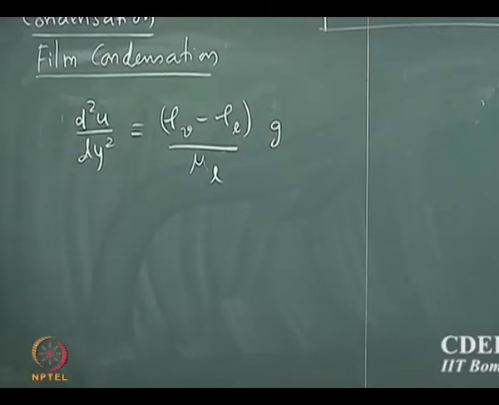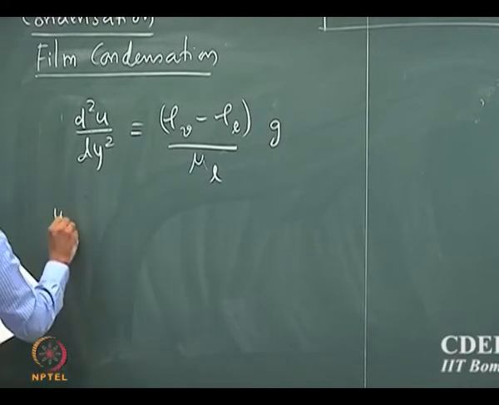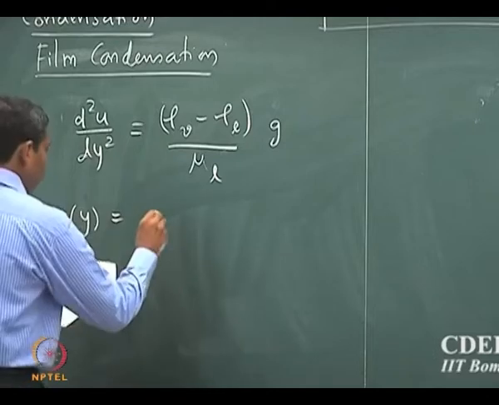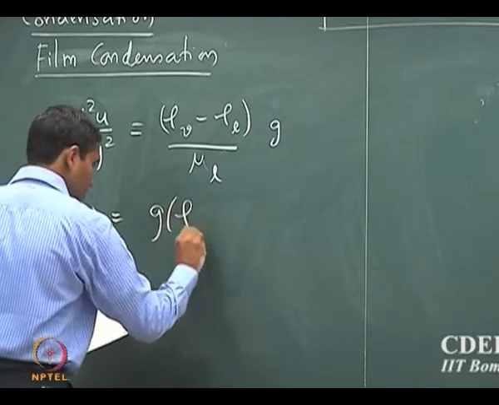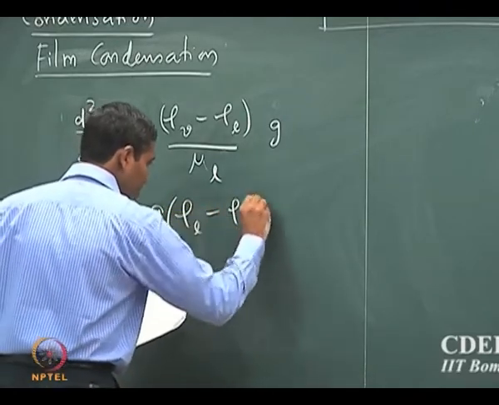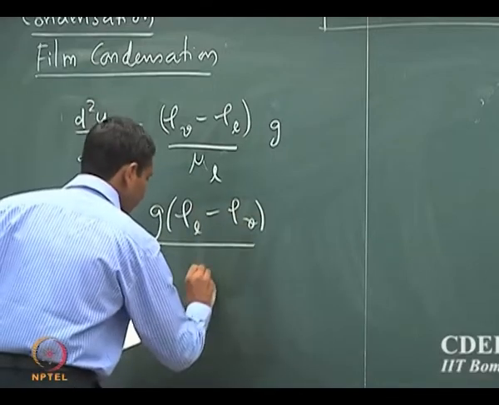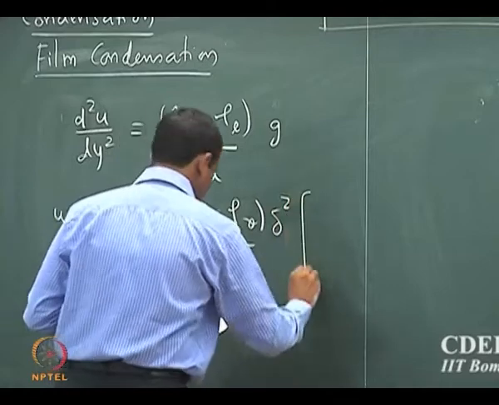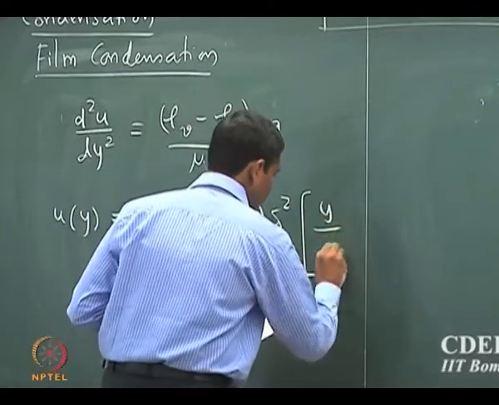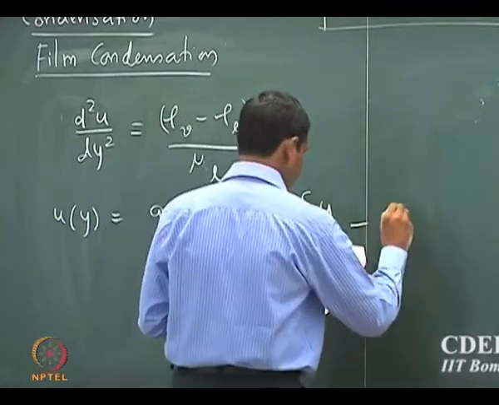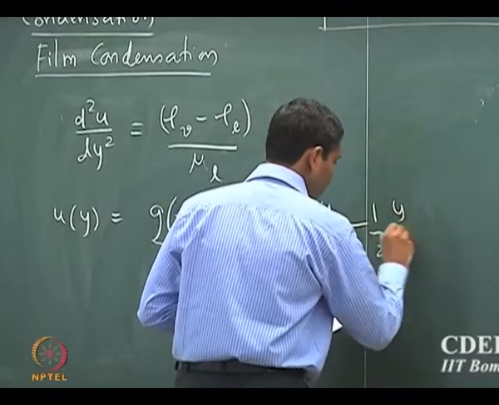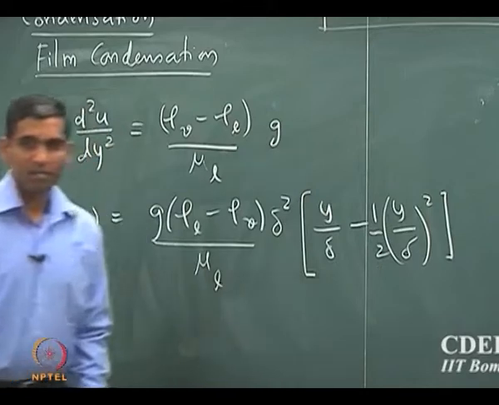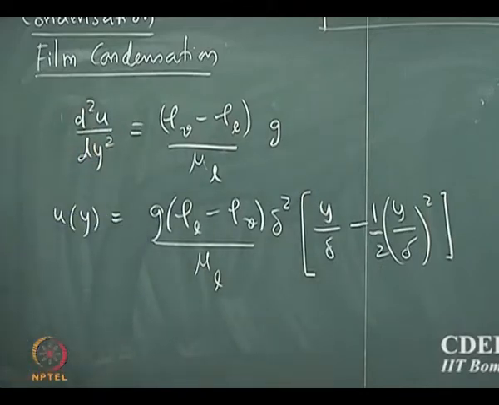So I can solve this equation: u(y) equals g into rho L minus rho vapor divided by the viscosity of the liquid, times delta square, times y by delta minus half y by delta the whole square. So that's the solution.